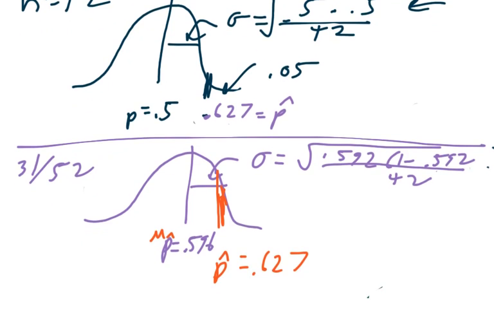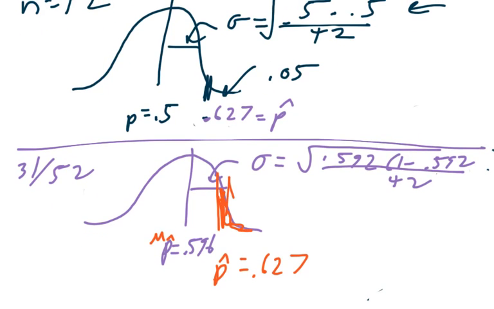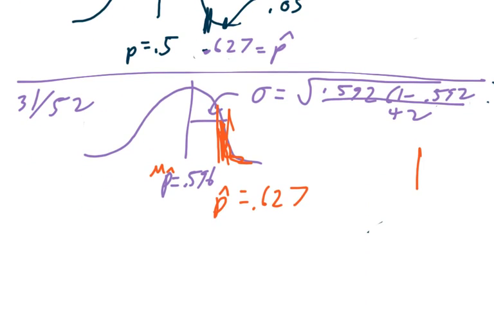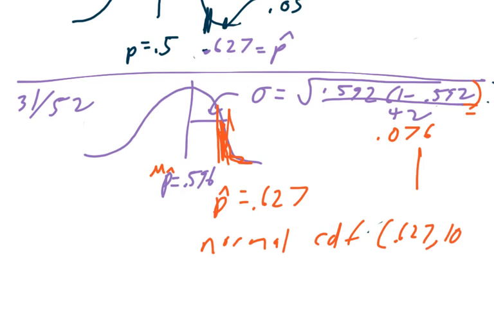And we need to know how much is over here. So let's calculate what this standard deviation is, which is 0.076. So now we're going to take the normal CDF from 0.627 to a really big number with a mean of 0.596 and a standard deviation of 0.076.